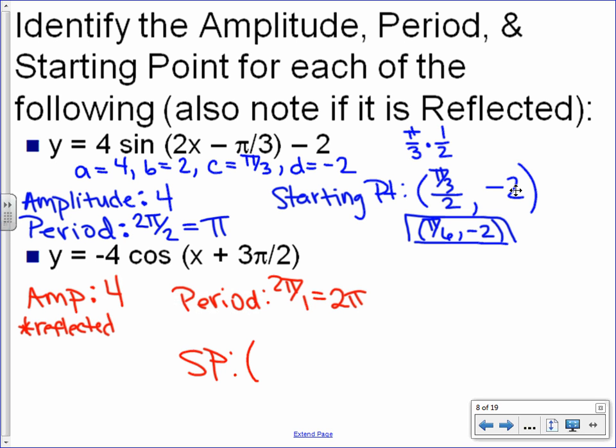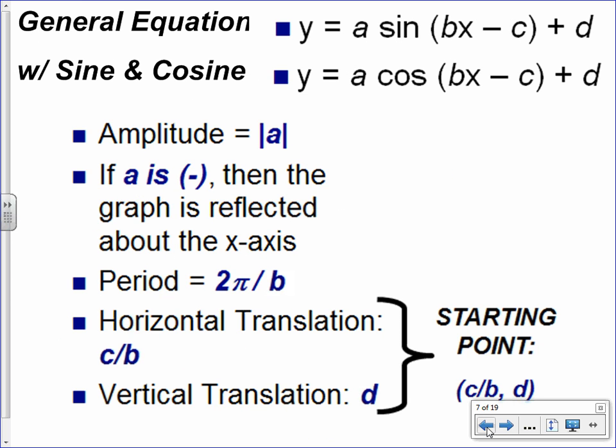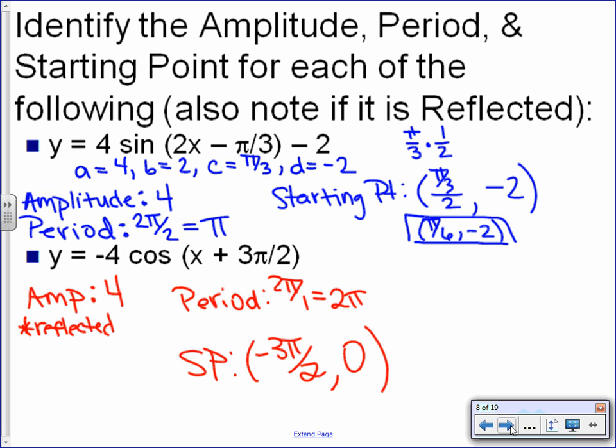What is c? -3 pi over 2. Since b is 1, c divided by b is -3 pi over 2, and then d is 0. Remember, when we talked about these equations, that was bx minus c, because anything inside our parentheses with x is kind of backwards from what we want it to be. All right? Okay.